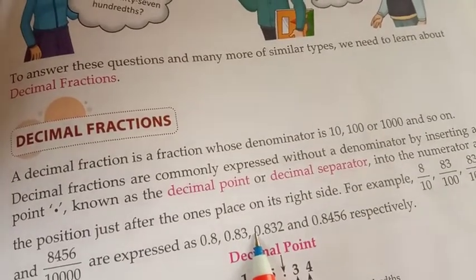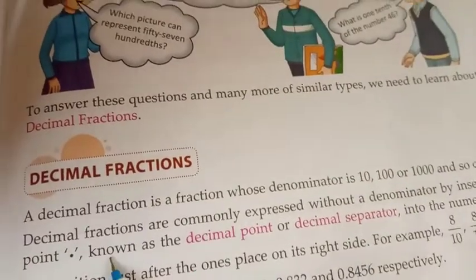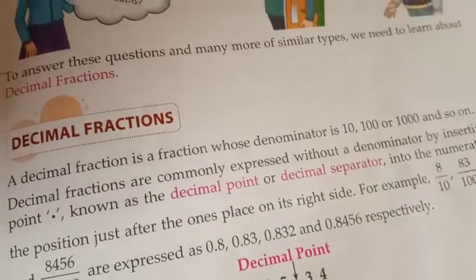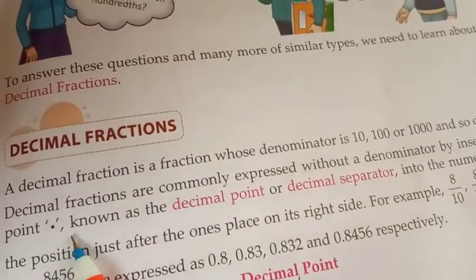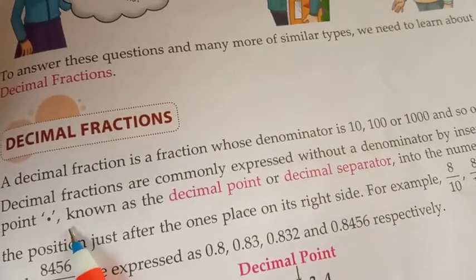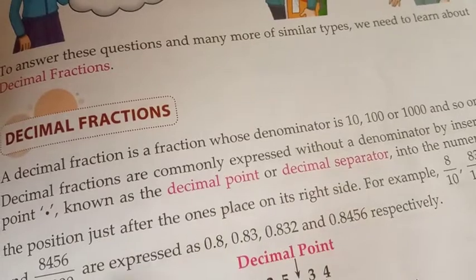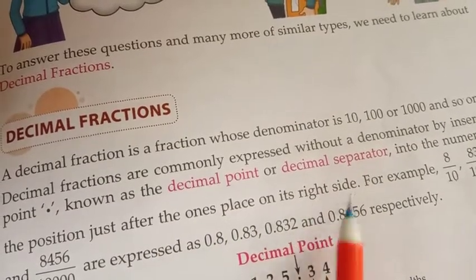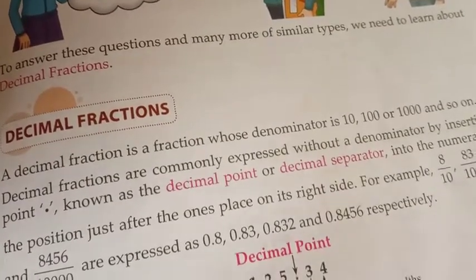0.8456 respectively. So one thing you see here: decimal fractions are commonly expressed without a denominator by inserting a point, a dot, and it is called the decimal point or decimal separator. Into the numerator, the position should be after the ones place on its right side, and the denominators will be 10, 100, 1000, 10,000.